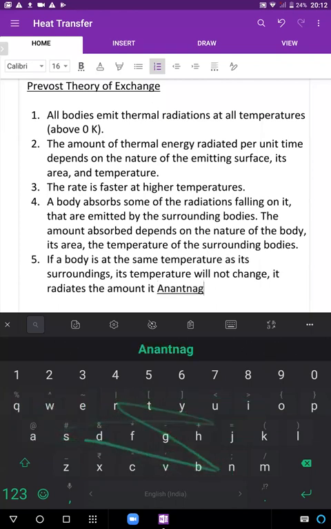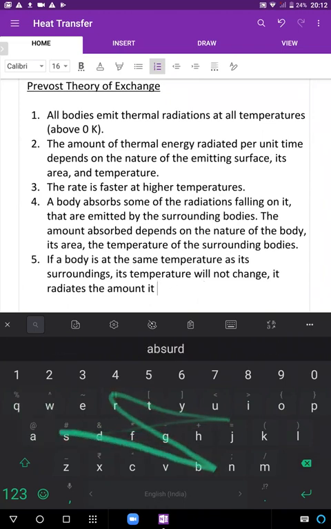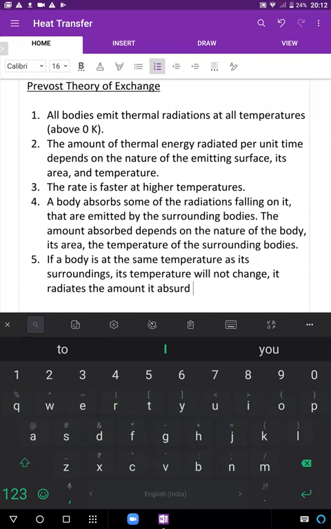So there are these two separate phenomena taking place, and the rates of those two phenomena become equal. So what are the two separate things taking place? One is, by virtue of its temperature, the body is going to emit heat. But then, based on the temperature of the surrounding objects, it's also going to receive heat.